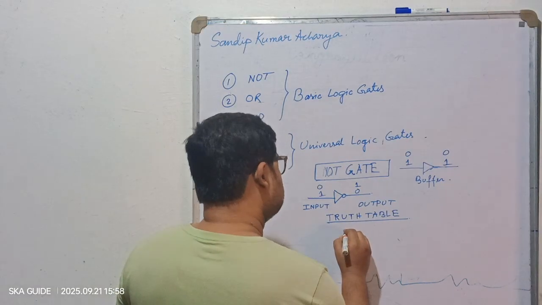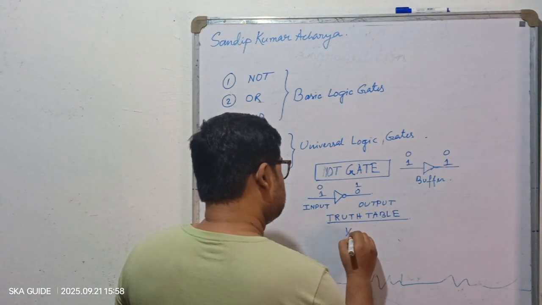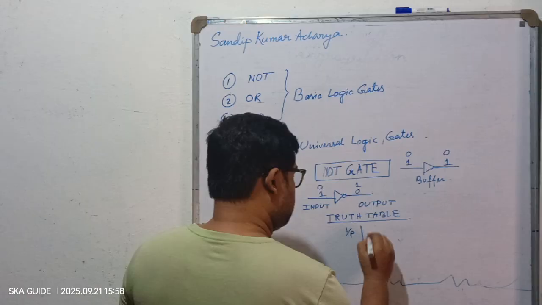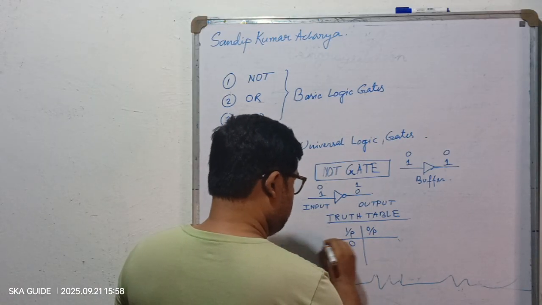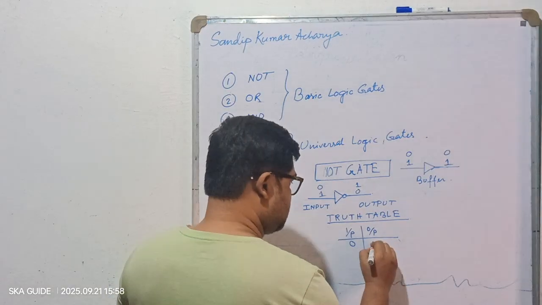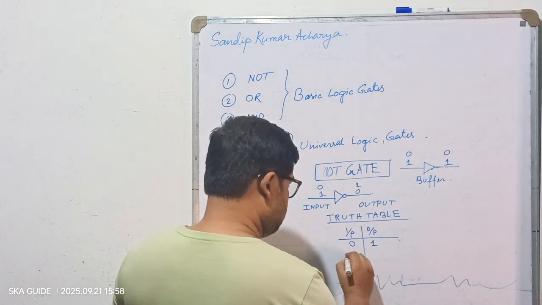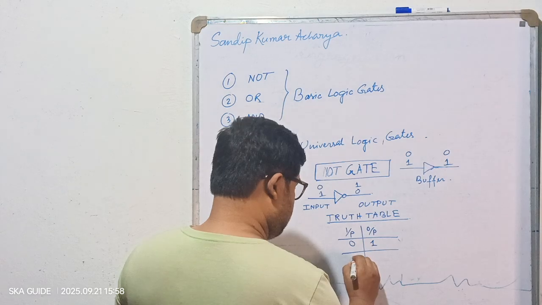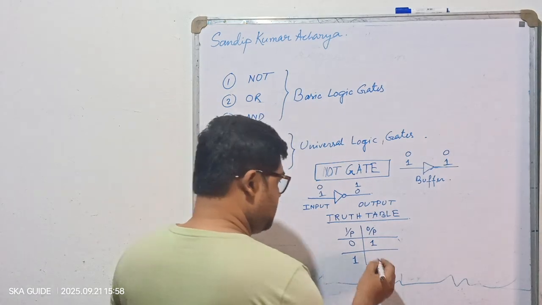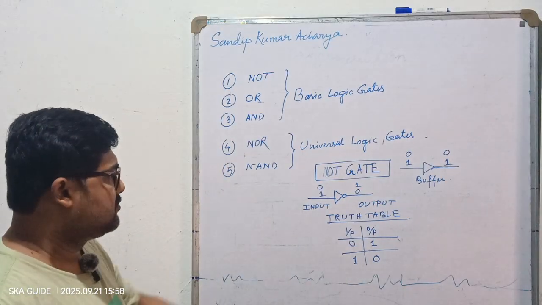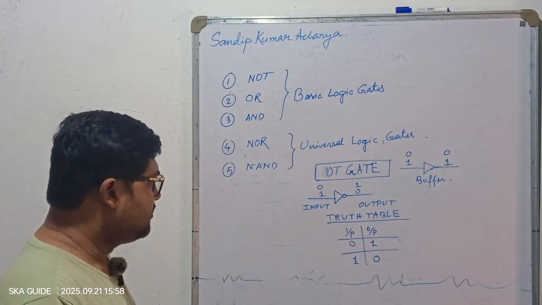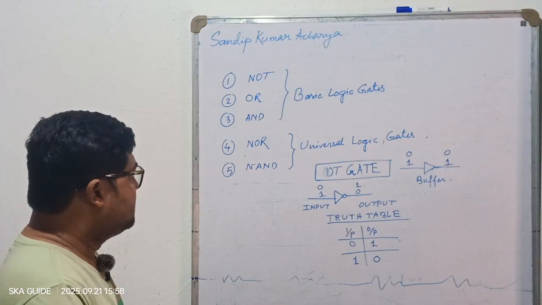So we have input and output. If you are putting 0 as the input, you will get what? 1 as the output. If you put 1 as the input, you will get what? 0 as the output. So this is the truth table for NOT gate.